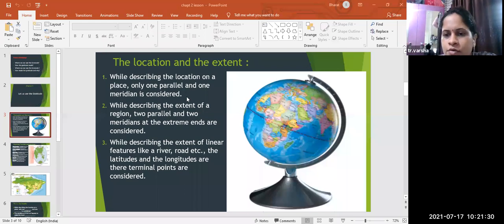We'll take only one. While describing the extent of a region, two parallels and two meridians at the extreme ends are considered, which are at the end, okay.